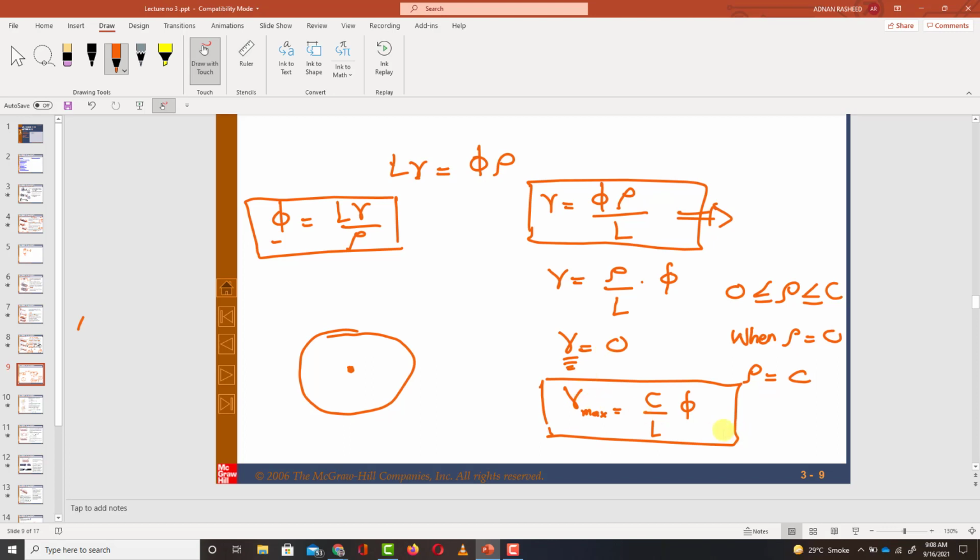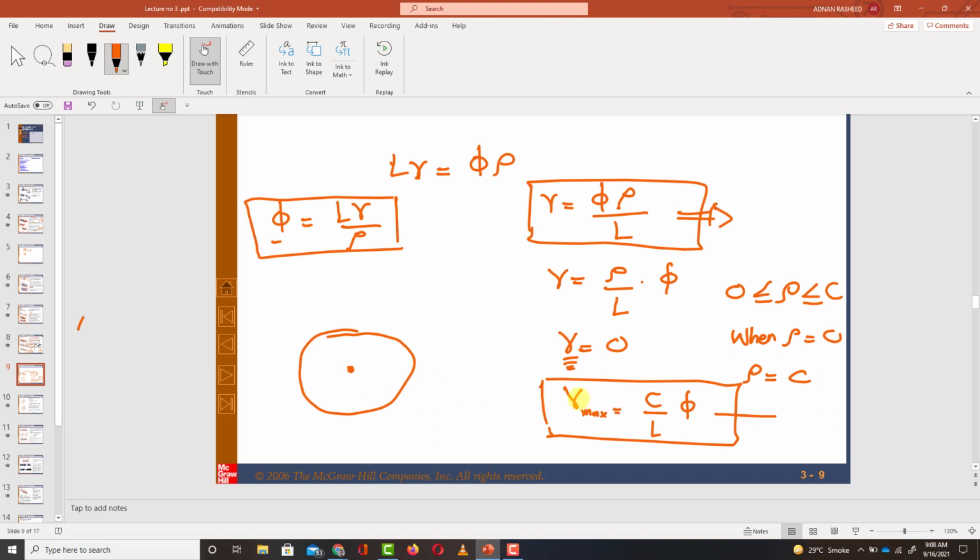This is another formula for finding the maximum shear strain. It is the same; instead of rho you replace rho with C, and we know that shear strain will be maximum at a distance of C from the center, because C is the radius.